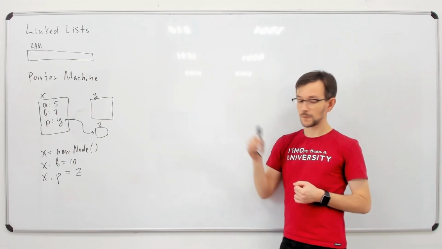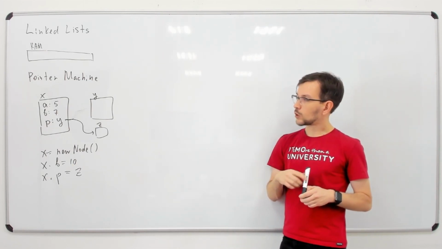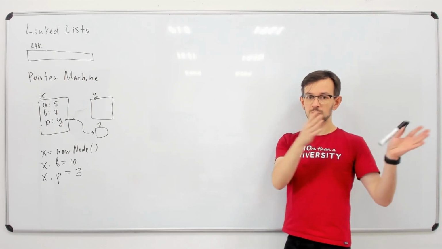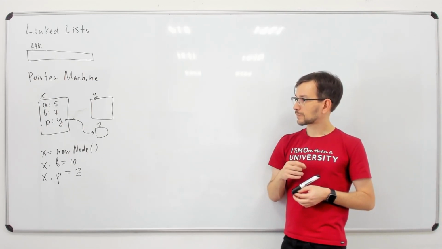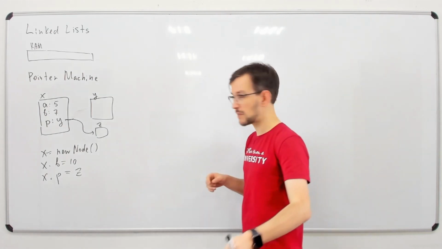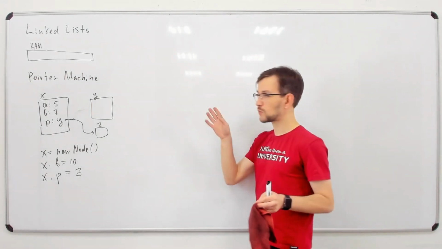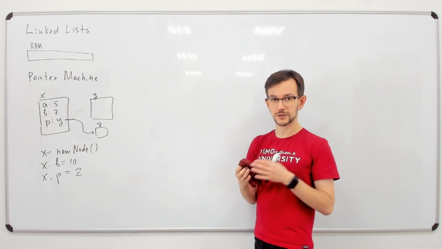Cool. That's all. Now, what is the main difference between the pointer machine model and the RAM model? The main difference is that in the pointer machine model you don't have arrays.